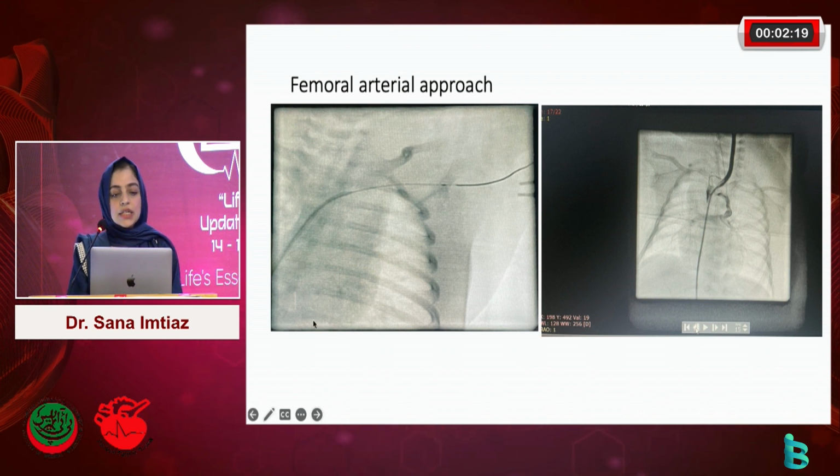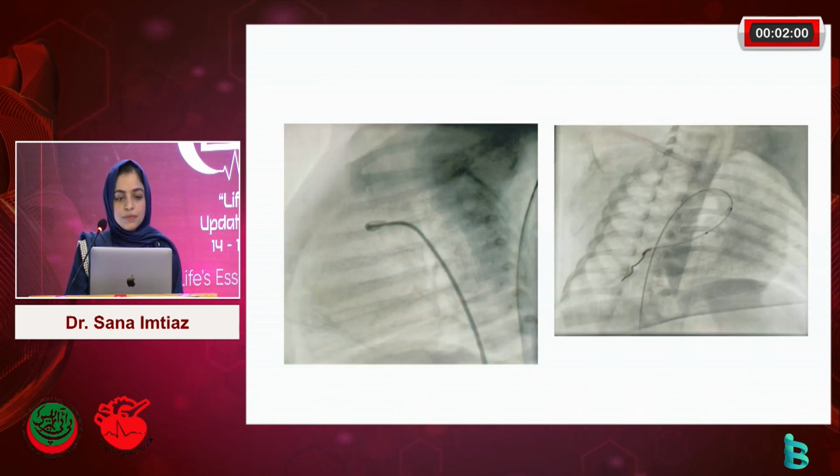The ideal approach in this case was the axillary artery, and we tried hard for axillary access. We went through the femoral artery and placed a wire in the axillary artery, but we were unable to get axillary arterial access, so we proceeded with the femoral arterial approach.